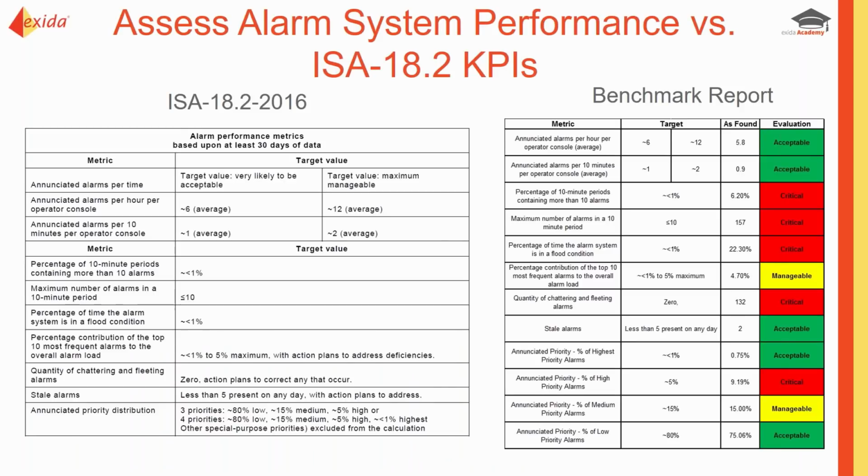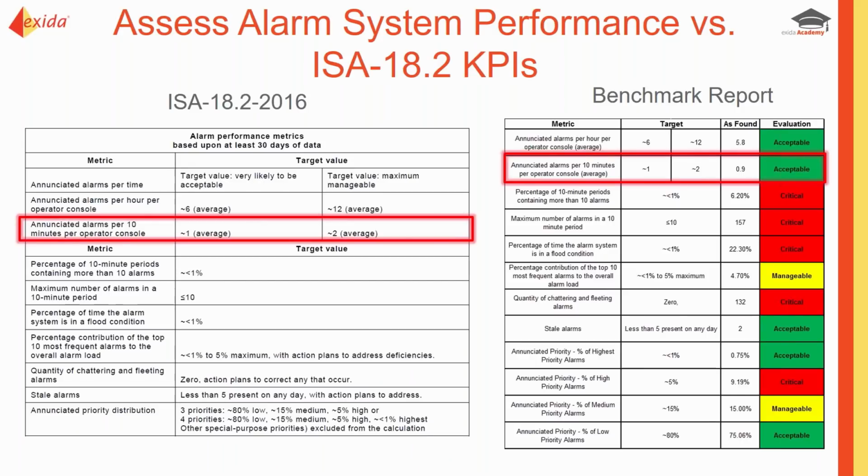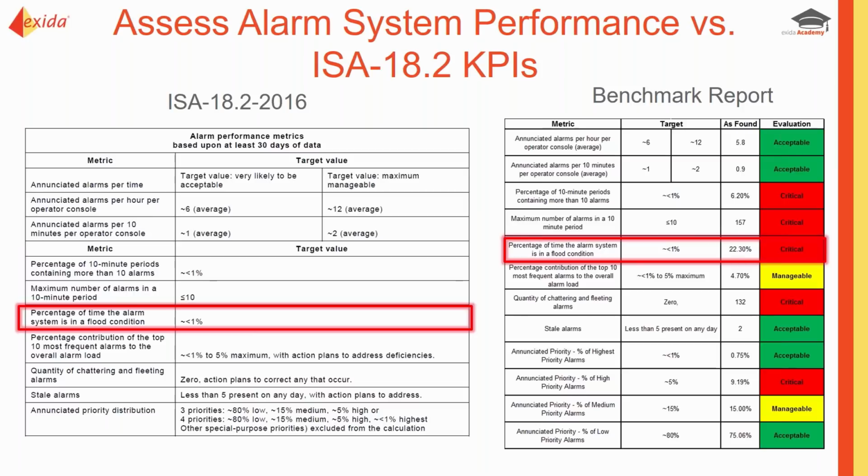One of the areas of this benchmark performance report that can be created from the SyTech XLReporter technology is an overall benchmark that shows your current performance, your measured actual alarm system performance, and compares it directly versus what the recommendations are in the ISA standard. Now you could change the target to be what is specific to your alarm philosophy if you like, but as an initial starting point, if you don't know where you are or have a gut feel but not a quantitative feel to back it up, this benchmark report can do a great job there.